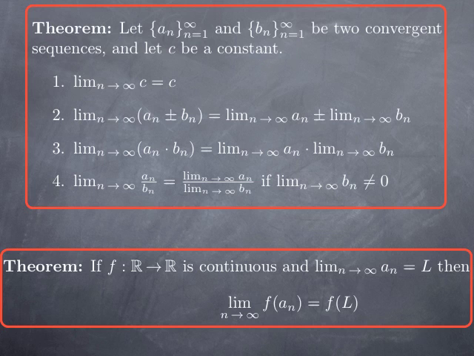If I take the image of a1, f of a1, then the image of a2, f of a2, then f of a3, and so on, I form a new sequence of real numbers. The limit of that new sequence is just the image of the limit. Well, that's not very hard to believe, but this is a characteristic of continuous functions. So here continuity is essential.